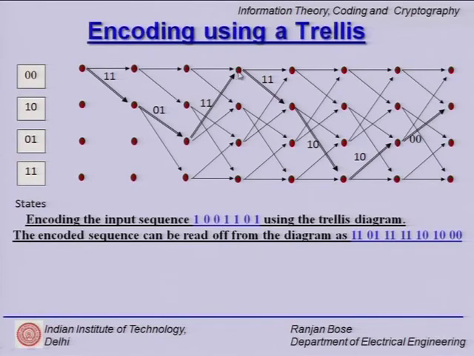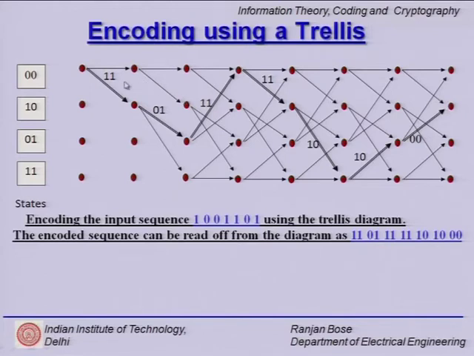Now, I have reached here and I look at the input stream, it says 1, take the lower branch, and it says 1, take the lower branch, because please note along the x axis is the time axis. As the input bit stream comes in, I follow the paths. So, I am sitting here, and now I again look at 0, I take the upper branch, and I get 1, I get the lower branch.